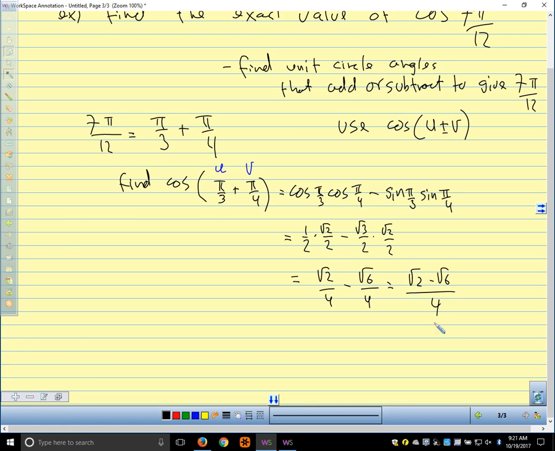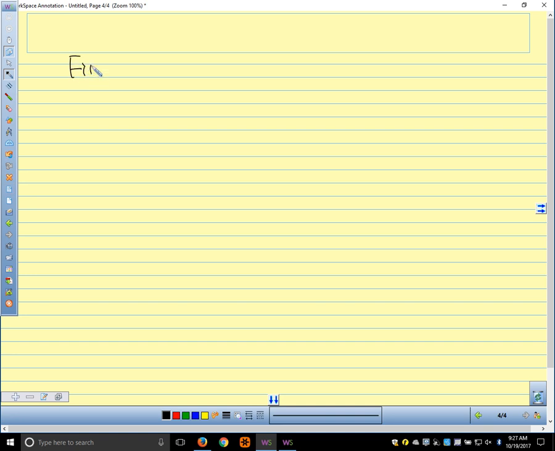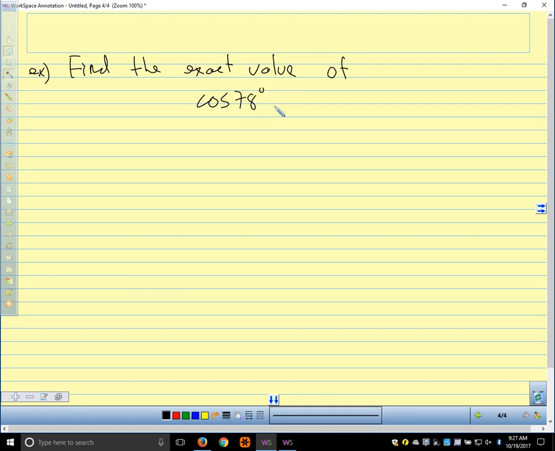All right, let's look at one where we kind of have to go the other direction. We want to find the exact value, so we're not just plugging this into our calculator, of the cosine of 78, cosine 18, plus the sine of 78, sine of 18.